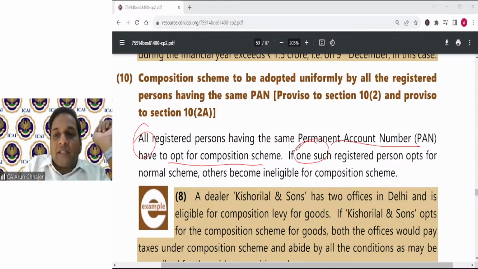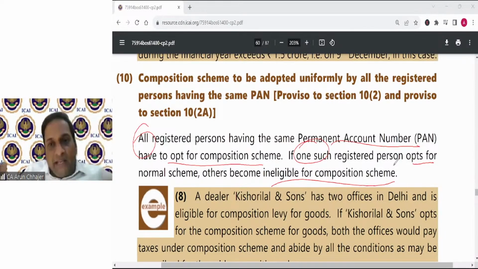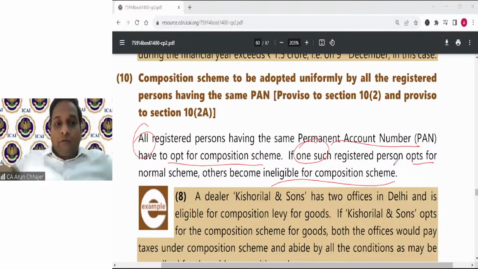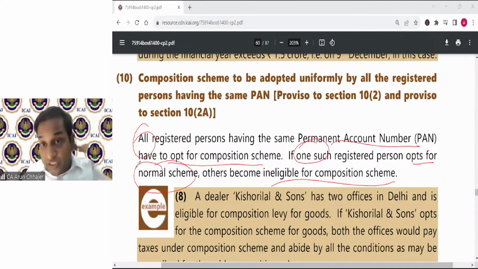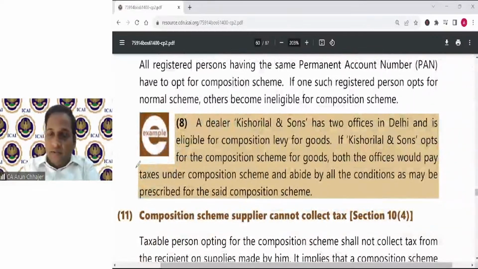If one registered person opts for normal, sorry, not composition, then the others will not be eligible, because all have to be the same color.